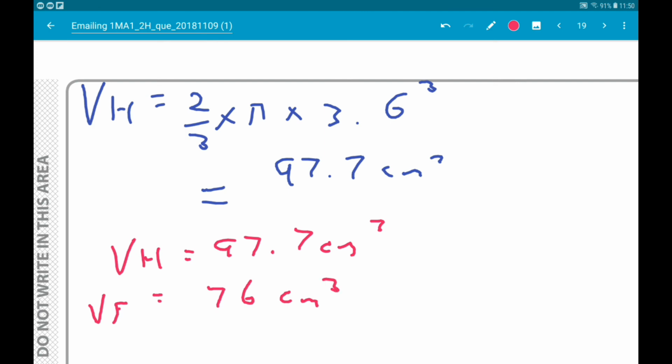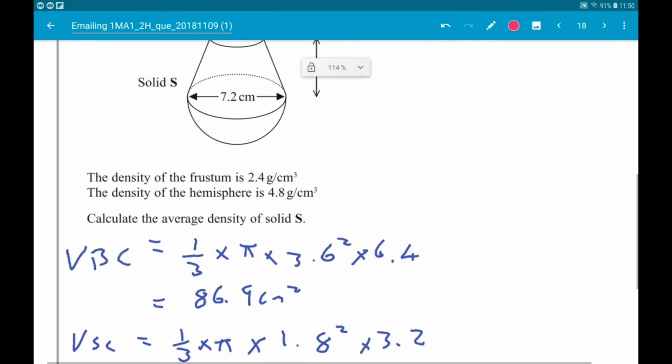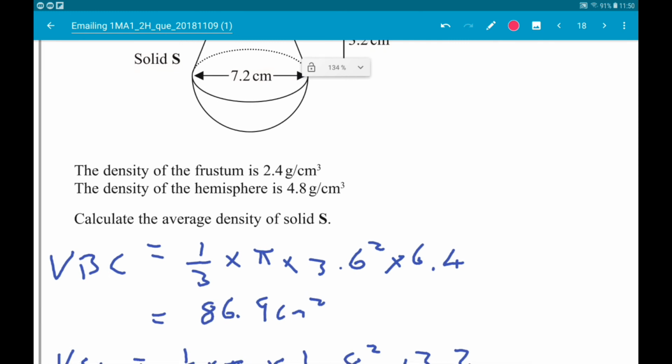Okay, so now then we also need the mass of the hemisphere. So again, mass is density times volume. So the density of the hemisphere is 4.8 grams per centimeter cubed.